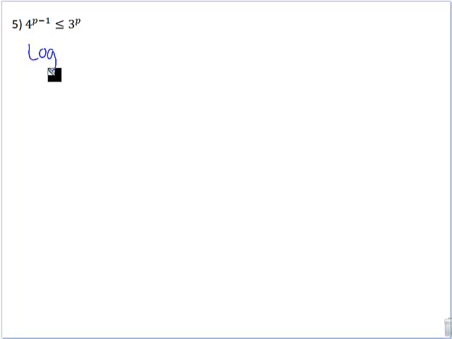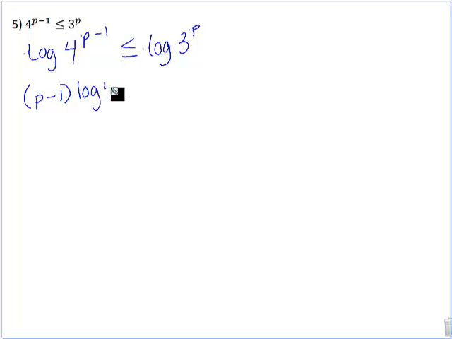So we will take log of 4 to the p minus 1 is less than or equal to log of 3 to the p. Our properties of logarithms says that if we have an exponent, we can multiply it out in front. So this is the same as p minus 1 times the log of 4 is less than or equal to p times the log of 3.